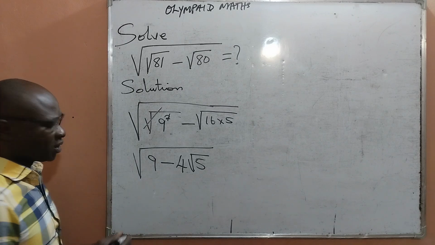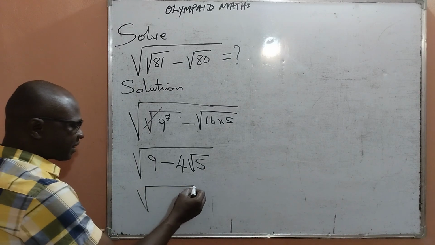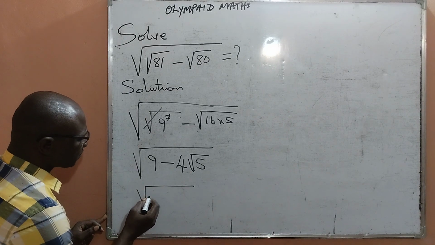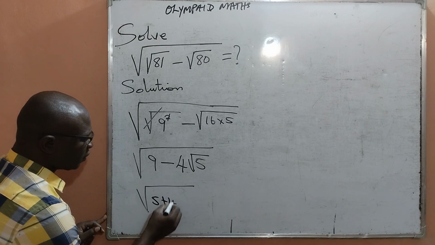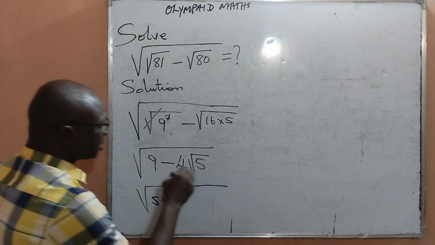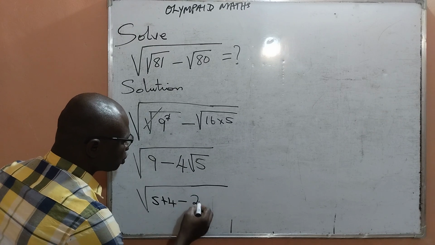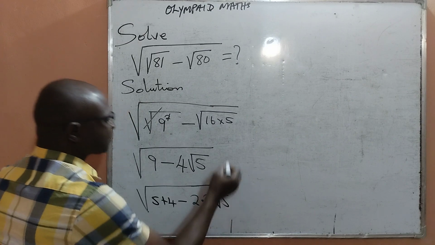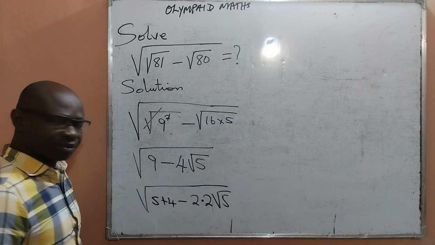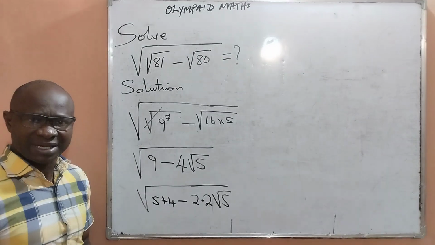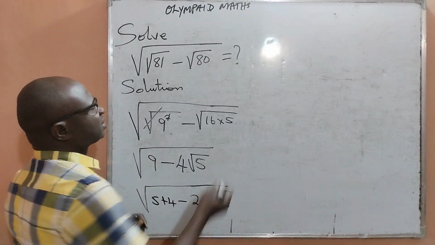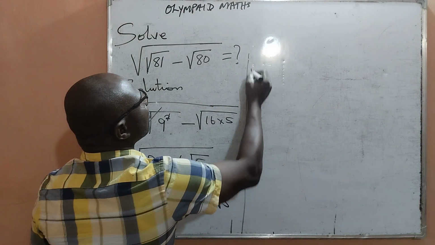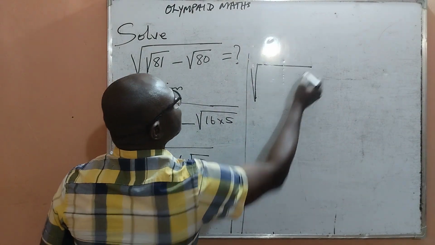Now, moving forward, I can write 9 just like we did in the last video. 9 can be written as 5 plus 4. Then minus, this 4 can be written as 2 multiplied by 2, then the square root of 5. But you see, 4 can also be written as 2 raised to the power 2, which is 4.